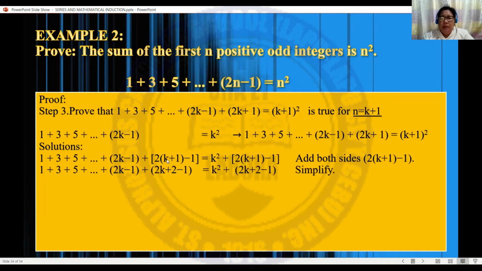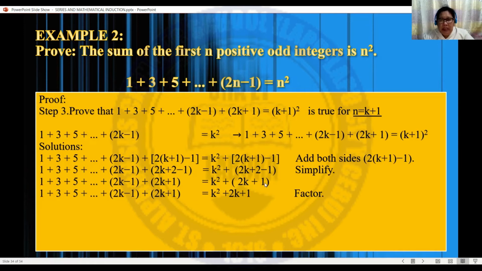Distribute 2 to k plus 1, so you have 2k plus 2 minus 1. And also with this one, you have to distribute. So what we have now is, in this part, you have 2k minus 1, just copy. 2 minus 1 is 1. So we have now 2k plus 1. That is why here, we added 2k plus 1. It's here. This is also equivalent to 2k plus 1.